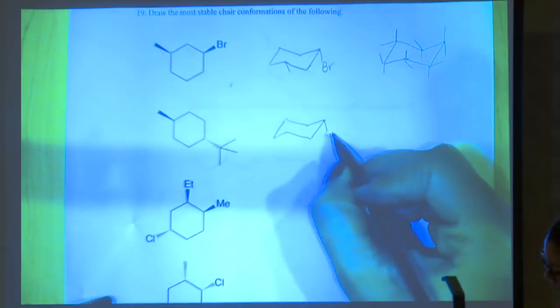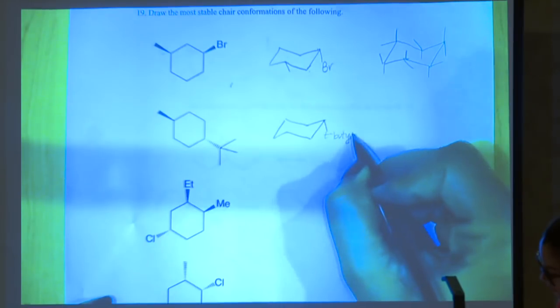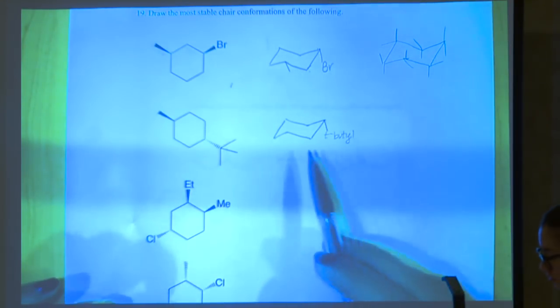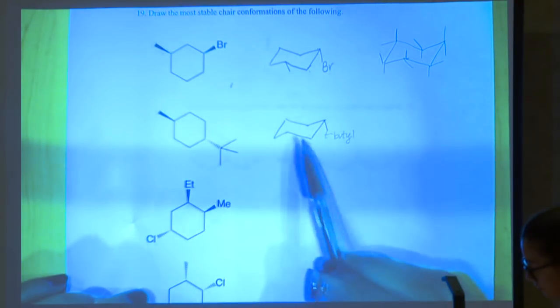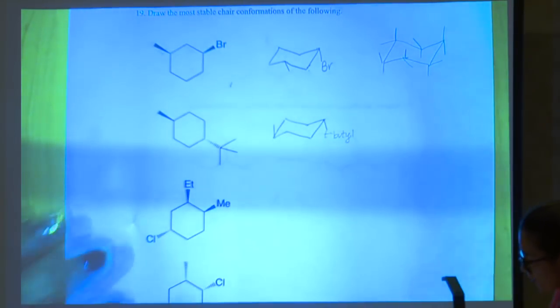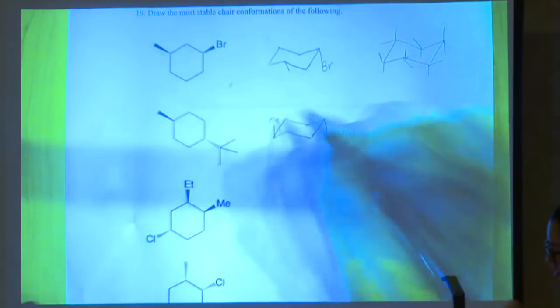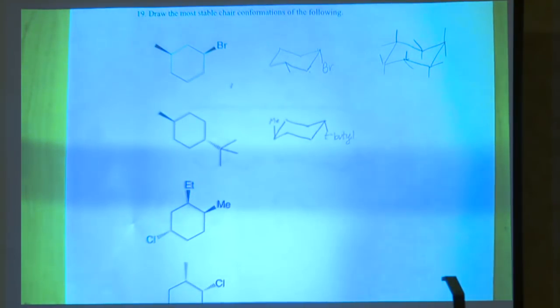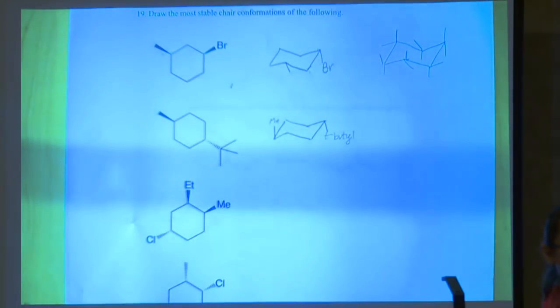So, okay. Is this the most stable conformation? Okay. Everyone agrees? Good.